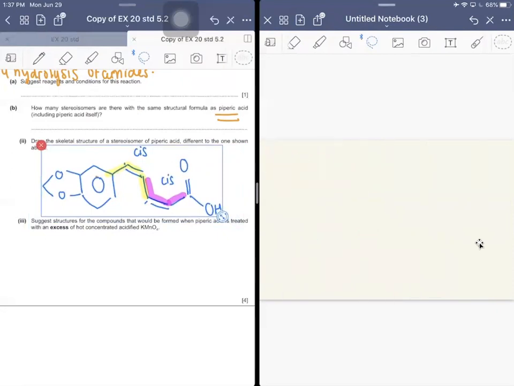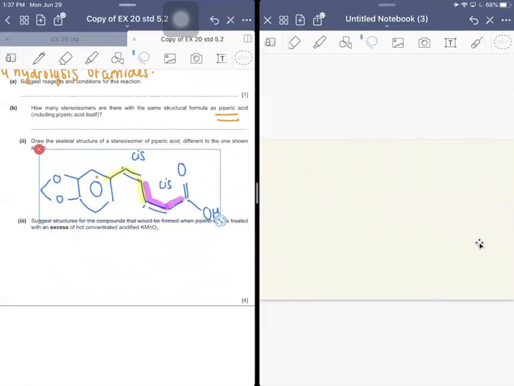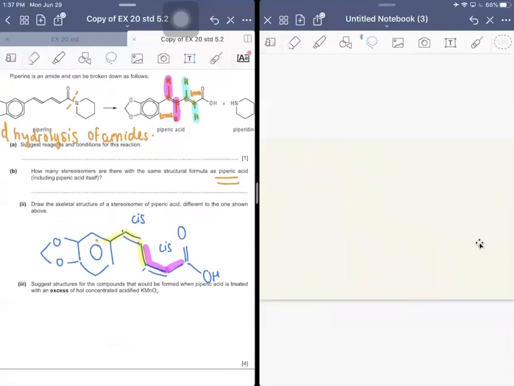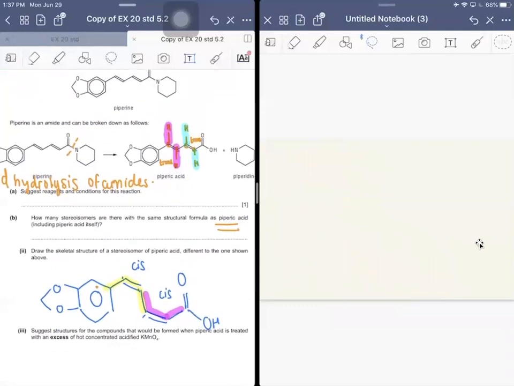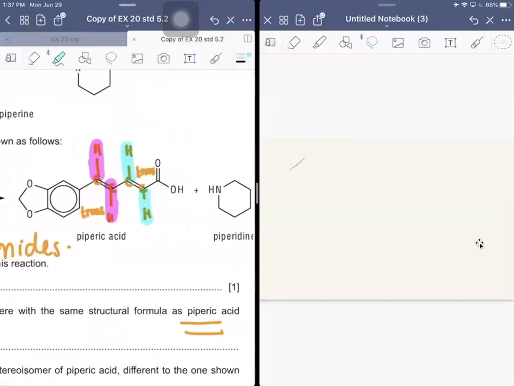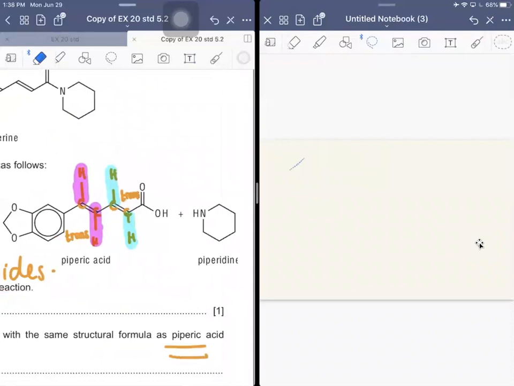When piperidic acid is treated with an excess of potassium manganate, so hot concentrated acidified potassium manganate, that is your AS syllabus. We want to look at piperidic acid. If I just use this diagram again, then I don't have to redraw it.